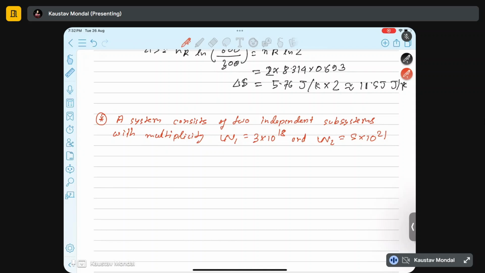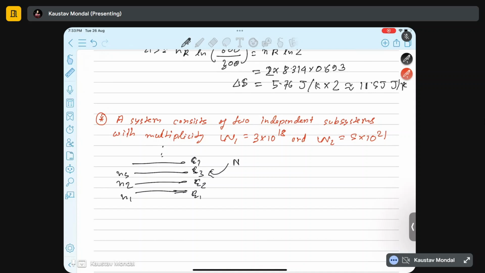So multiplicity means the weightage. We have described it earlier, right? Suppose n number of systems are there, distributed over states E1, E2, E3, E4, with n1 systems in E1, n2 systems in E2, n3 systems in E3, and so on.